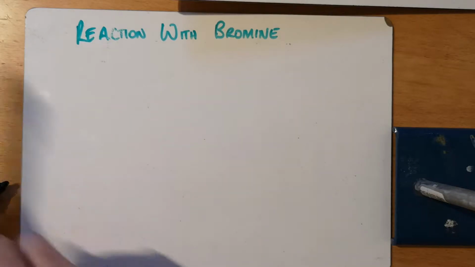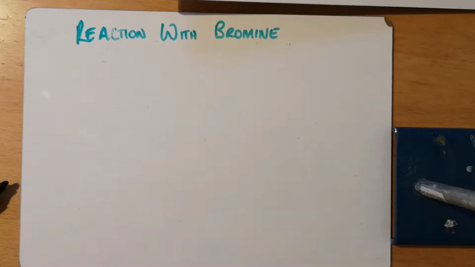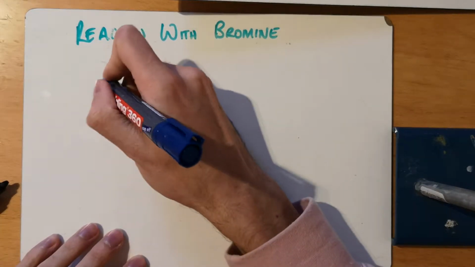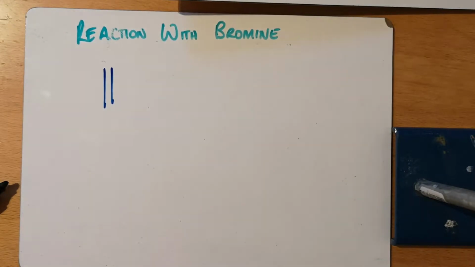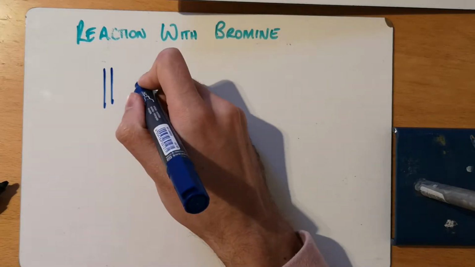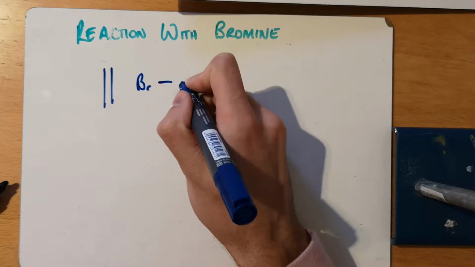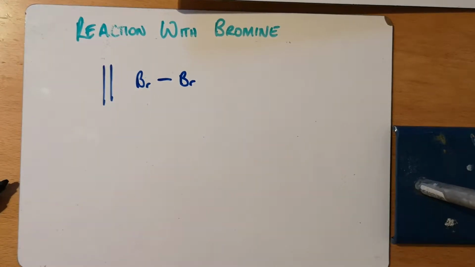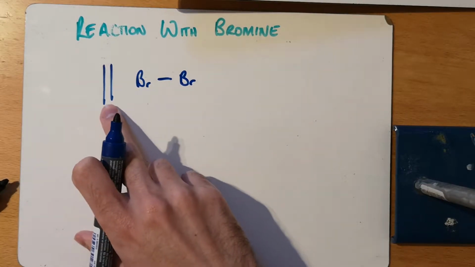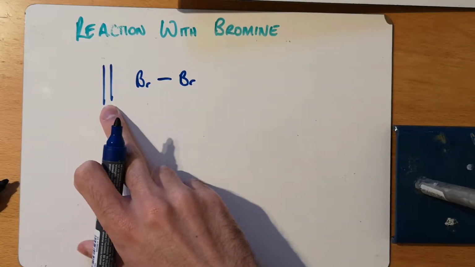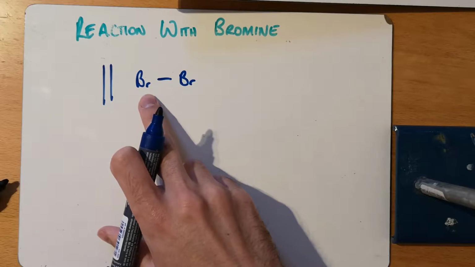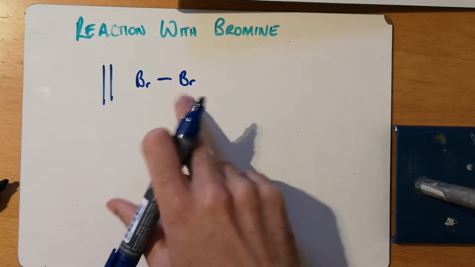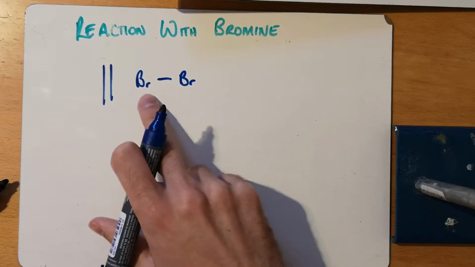Now, if we take something with a double bond, I'm just going to put a double bond here, and a bromine molecule comes near it. Because this is an area of dense electrons, the electrons in the bromine molecule get pushed to one side, which creates a dipole.